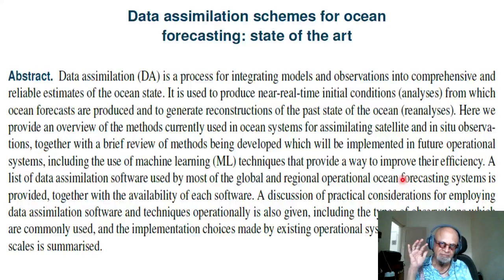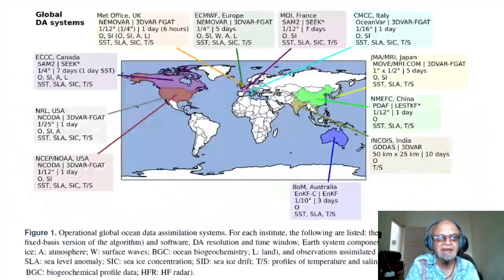In terms of the multi-layered structure and variety of sources, AI/ML are very good at capturing patterns, and also can improve the filling of gaps in the data and so on, better than what we can do generally with just the standard statistical approaches. A list of data assimilation software used by most of the global and regional operational ocean forecasting systems is provided, together with the availability of each software. So we'll just jump ahead and look at that.